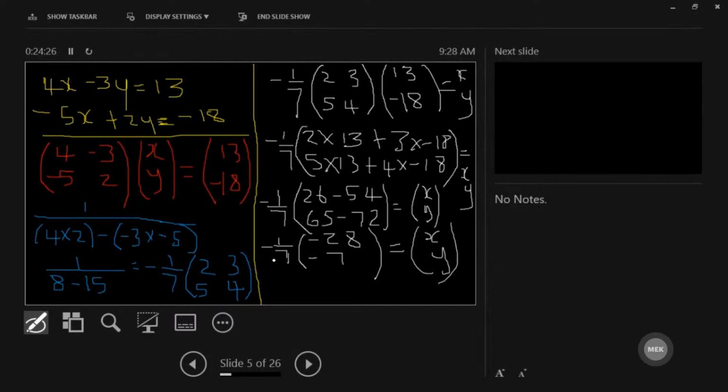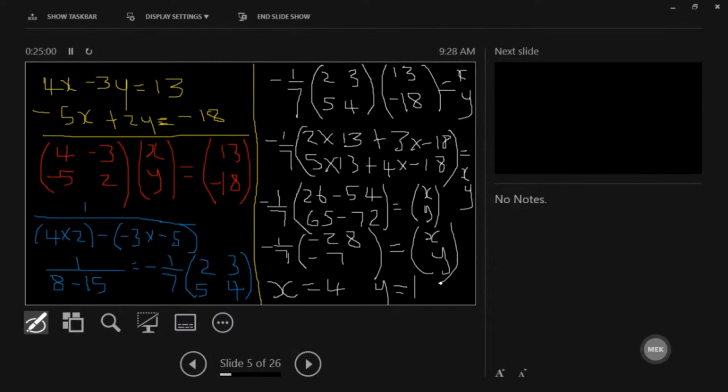So negative 1/7 times negative 28. So x will be a positive 4. And negative 1/7 times negative 7. So y would be a positive 1. Let's plug those values back into the original equations now. So we're saying x is 4, y is 1.